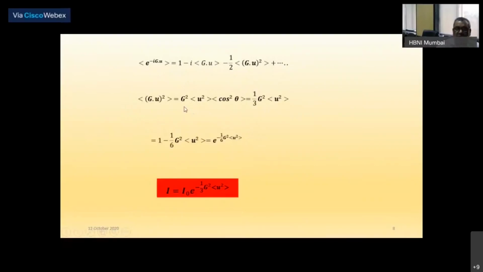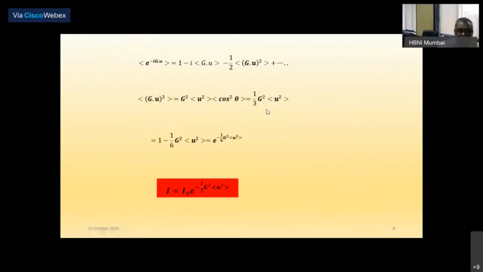Now we can do an averaging on u square, which is the amplitude, and also on the angle. We know on a sphere, if you average out cos square theta, it is cos square theta sin theta d theta d phi, integrated 0 to 2 pi on phi, minus pi to pi on theta, and 0 to u.